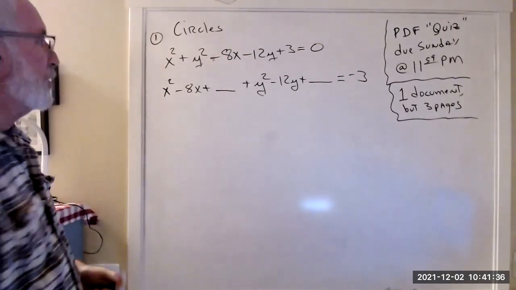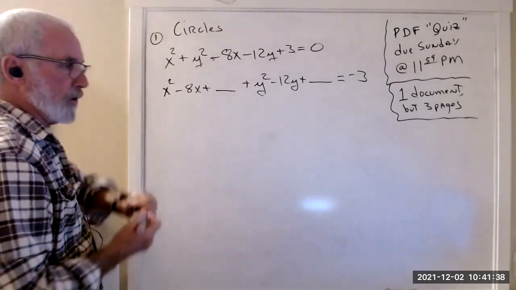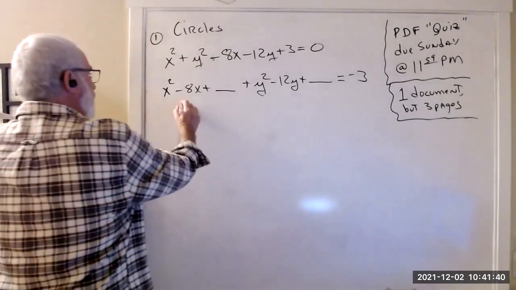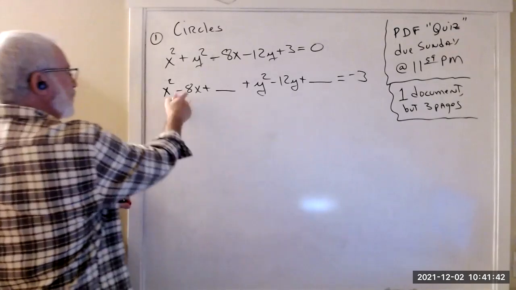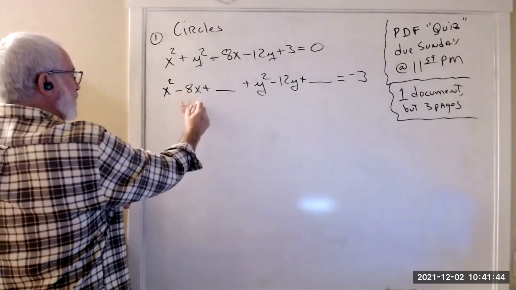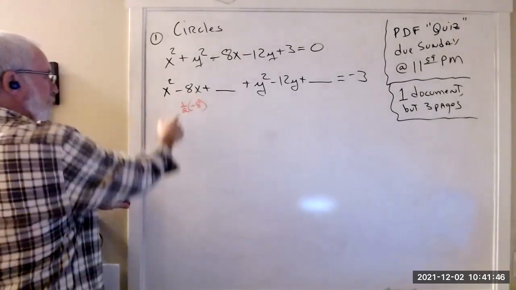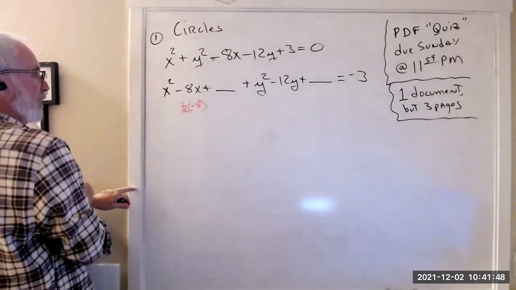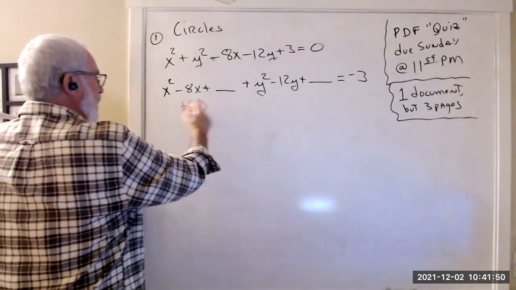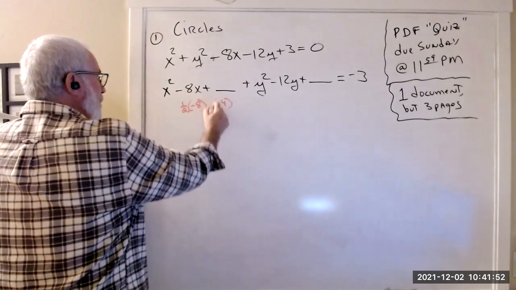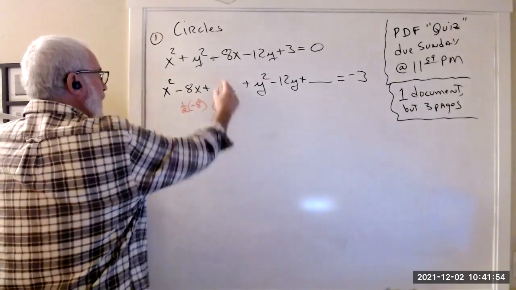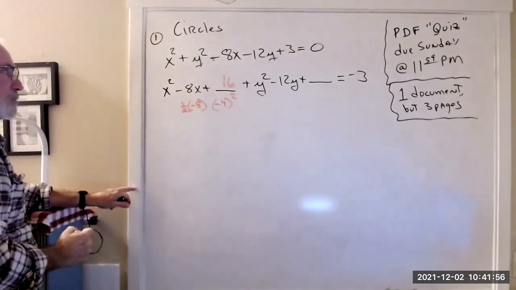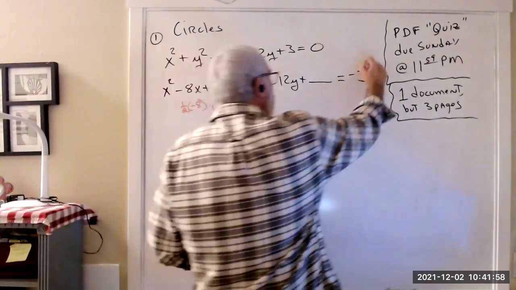Then the process we use was called completing the square. And to do that, you take half of the b value, which is the number in front of the single variable x. Half times 8 is 4, but then you square it and you get 16. So you add 16 to this side over here.